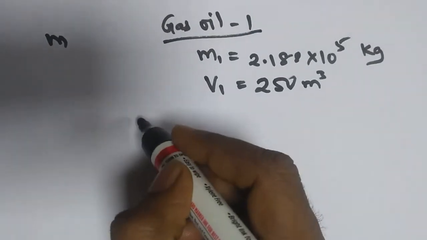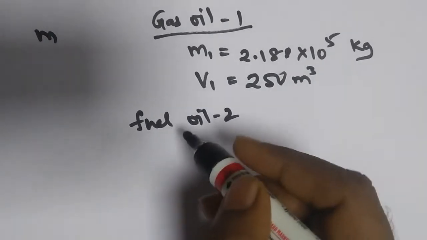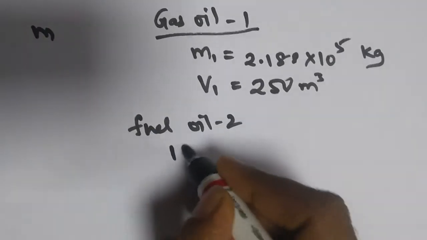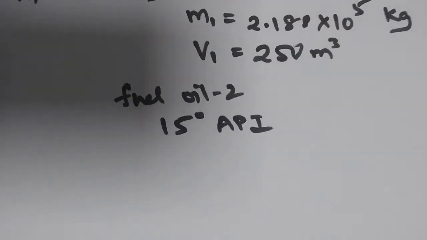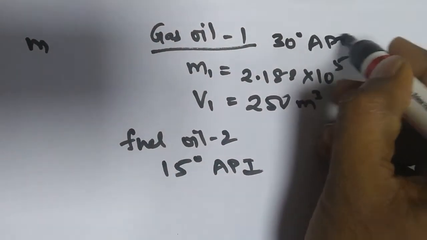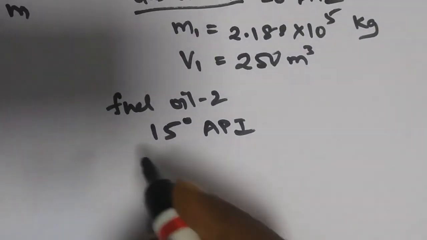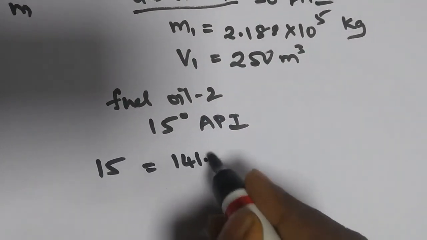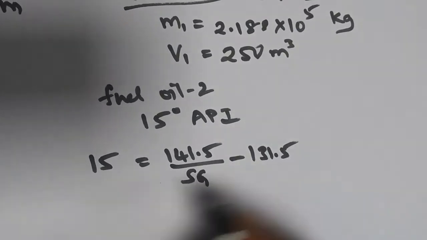If you consider the second one, which is fuel oil, similarly we have to do the same calculation. It is given 15 degree API for it. For the previous case it was 30 degree API. So we have to substitute in the formula. API is equal to 141.5 divided by specific gravity minus 131.5.